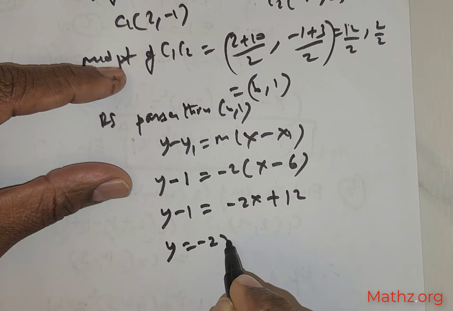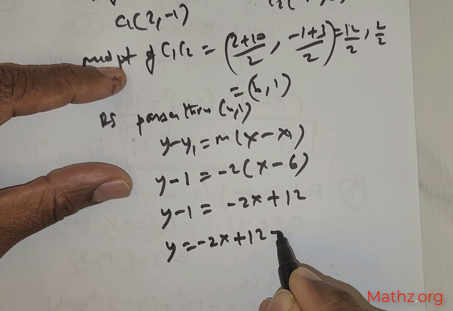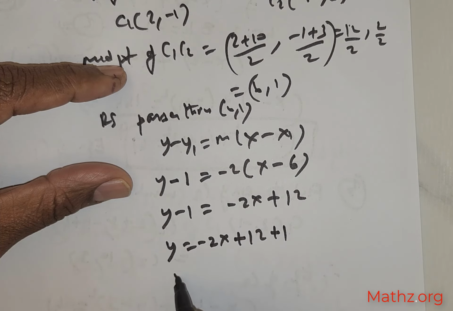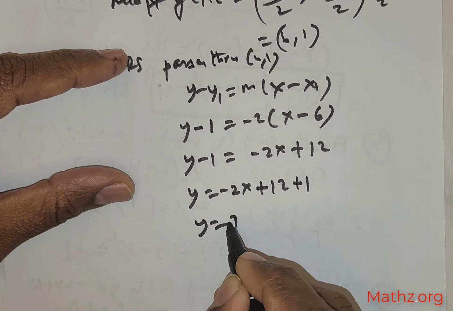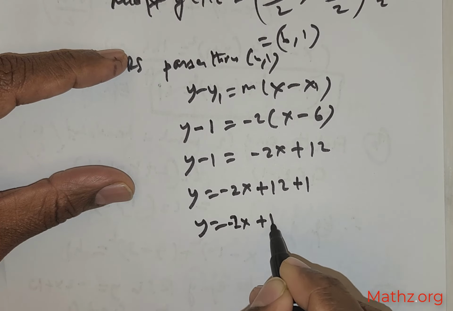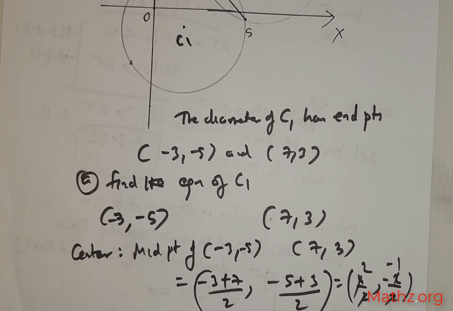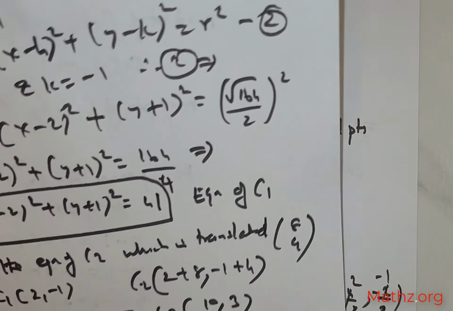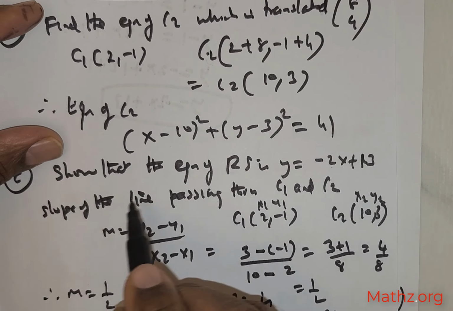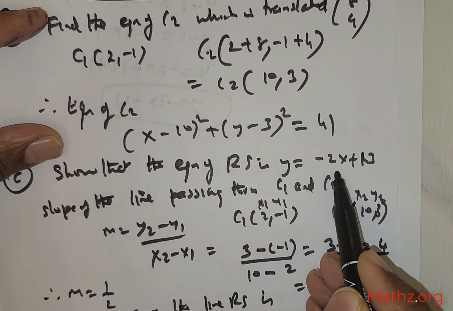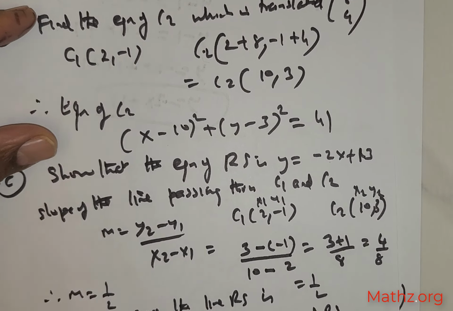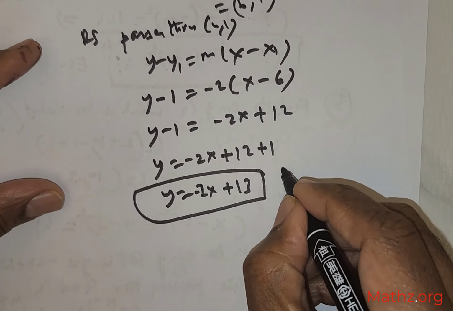So y is equal to negative 2x plus 12 plus 1, which is y is equal to negative 2x plus 13. Now let us go back and check. Show that the equation of RS is y is equal to negative 2x plus 13. So hence shown.